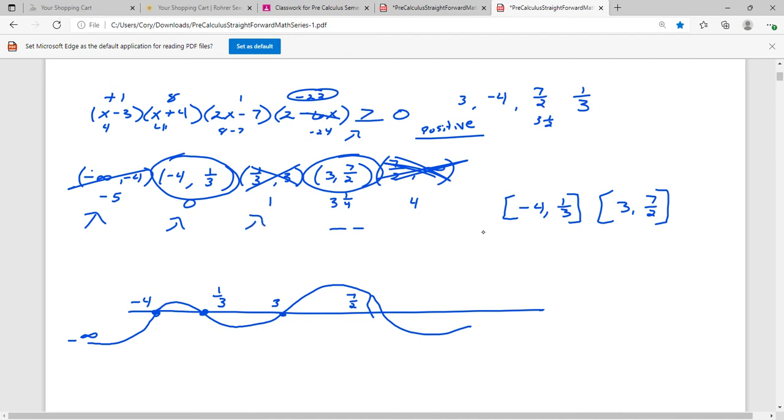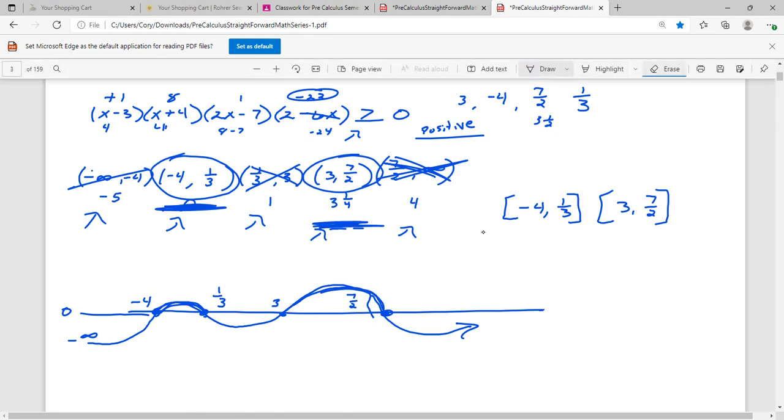And then 3 to 7/2 would be that interval. And then from 7/2 to infinity would be that last interval. Right? And we're trying to figure out which ones are above the 0 line, greater than or equal to 0. And it turned out to be negative 4 to 1/3, this one right here, and 3 to 7/2, that one right there.